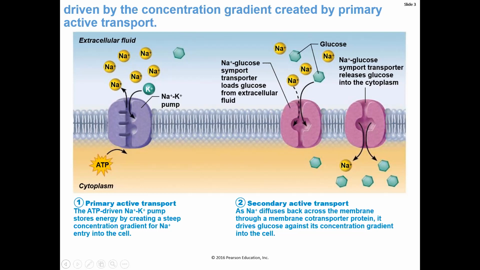So we may also just be making special channel proteins just for glucose. Not quite certain how this is all happening, but it's important that, for whatever reason, sodium and glucose tend to piggyback a lot.